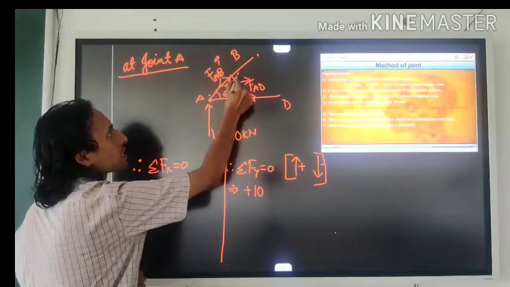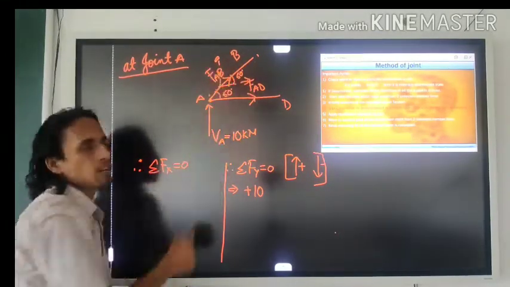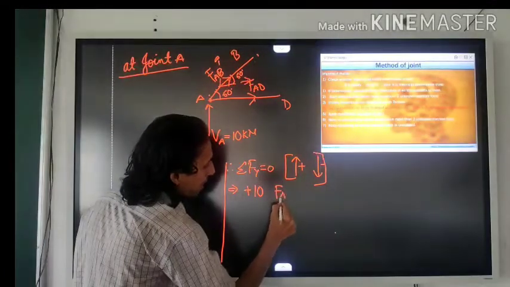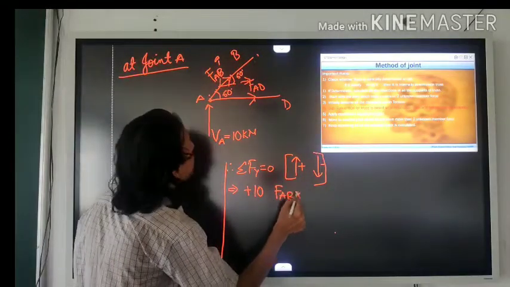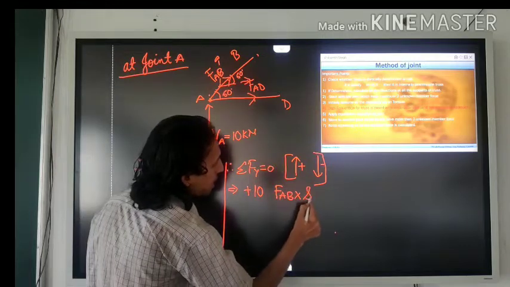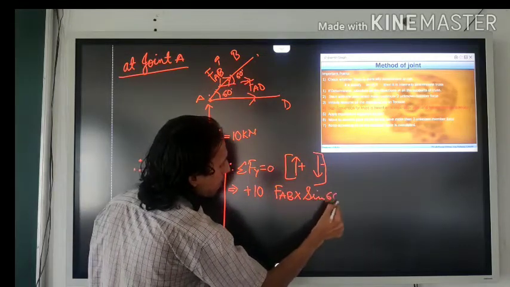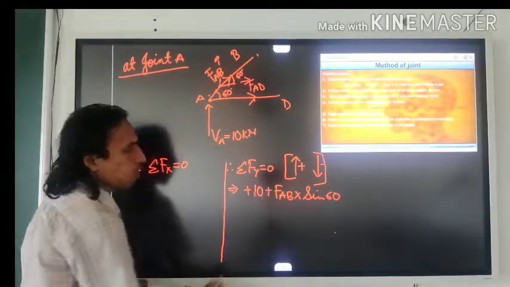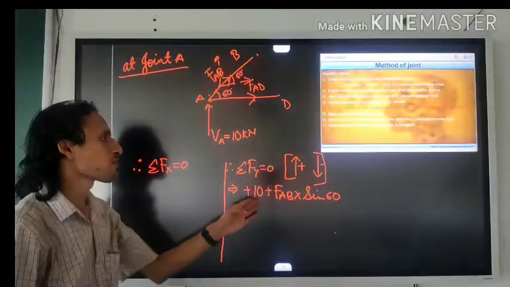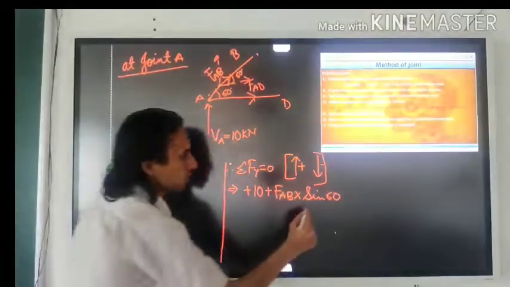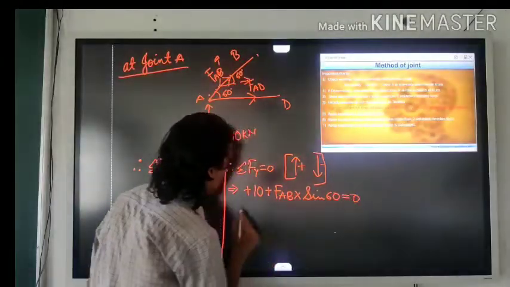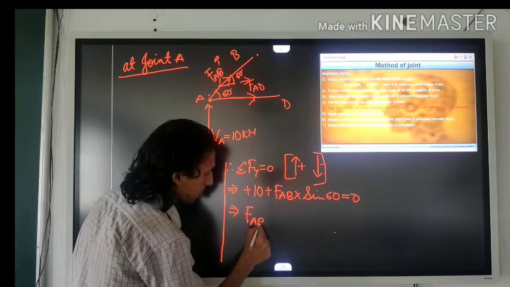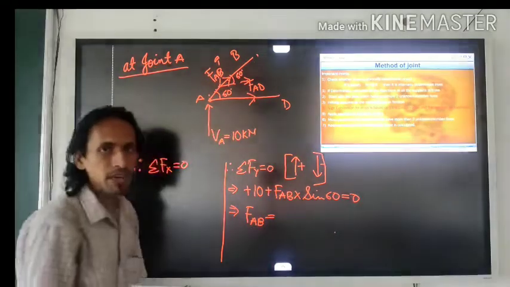This angle is 60 degree, so this component will be FAB into sine 60. It is in the upward direction, so this is also positive. No other forces are in the vertical direction, so you can put this equal to 0, and you can calculate the value of FAB. So what will be the value?